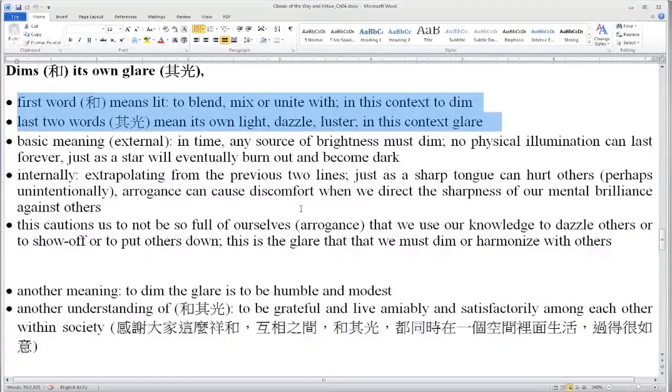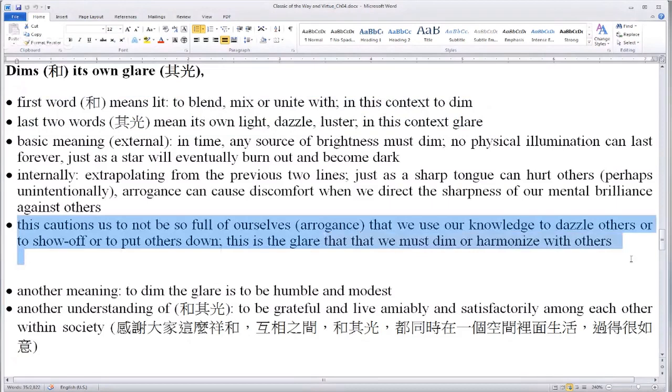Because if we're not mindful, we can literally dazzle people, or show off, or put people down, or turn people off.